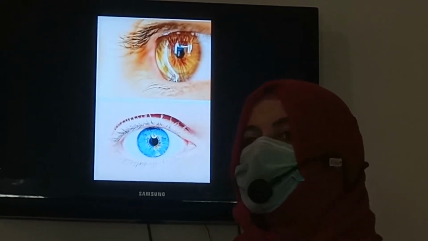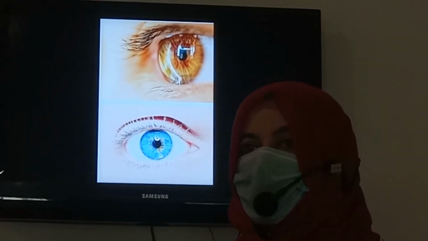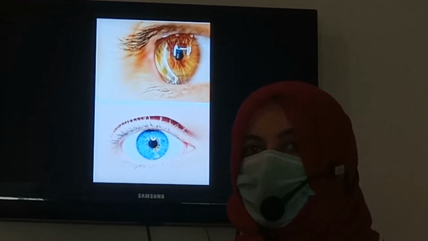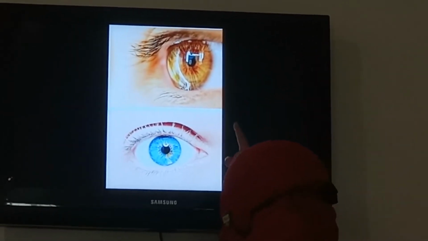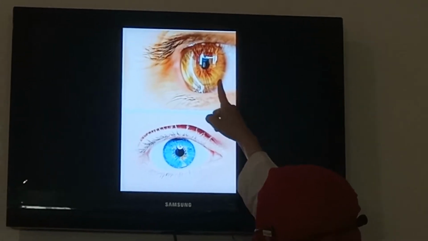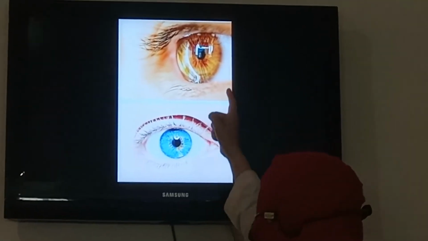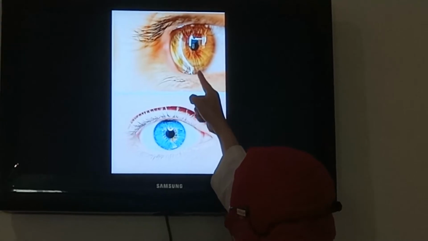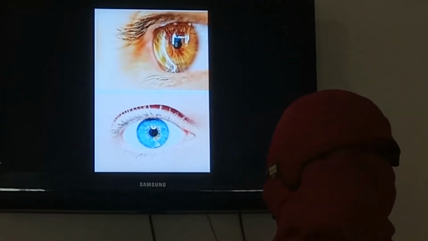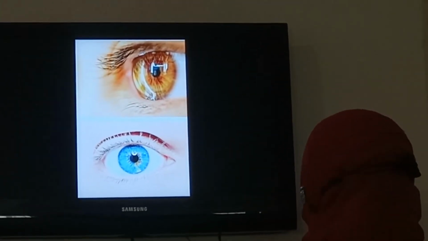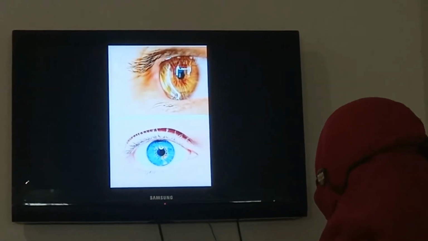We are dealing with the outer, fibrous layer, which has the cornea and the sclera. The cornea is continuous with the sclera, so we can call it the corneoscleral junction or limbus, isn't it? Now let's come to the transparency and detailed features of the cornea.